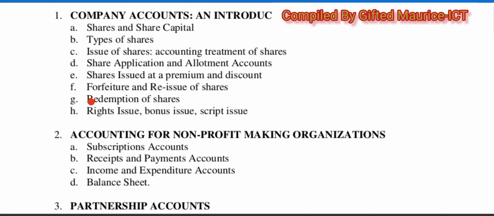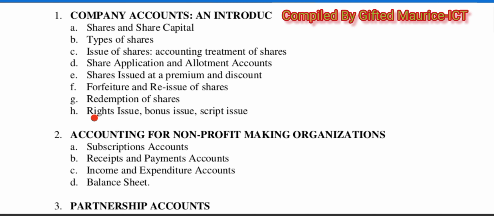And lastly, on the first topic is the rights issue, bonus issue, script issue. When we talk about a rights issue, we are talking about a right that is given to the existing shareholders to purchase additional shares.